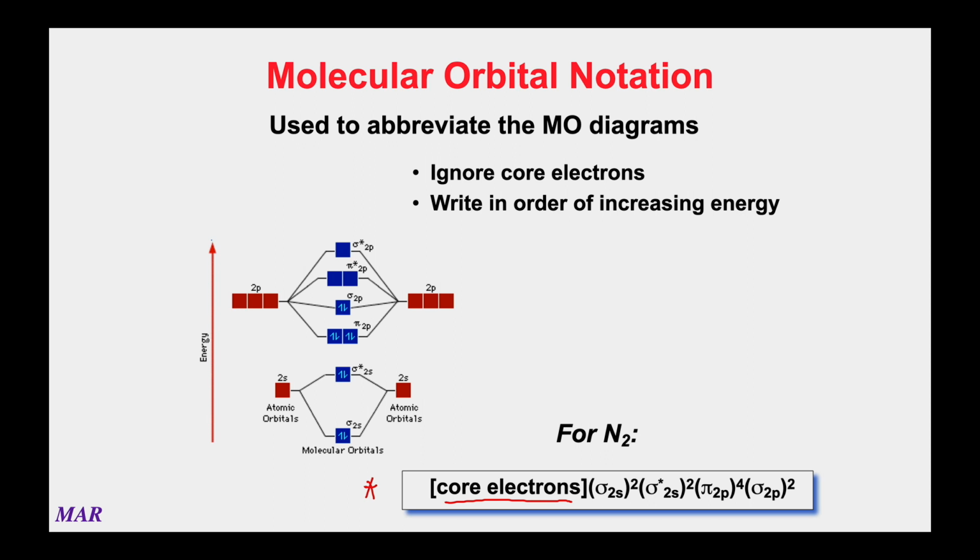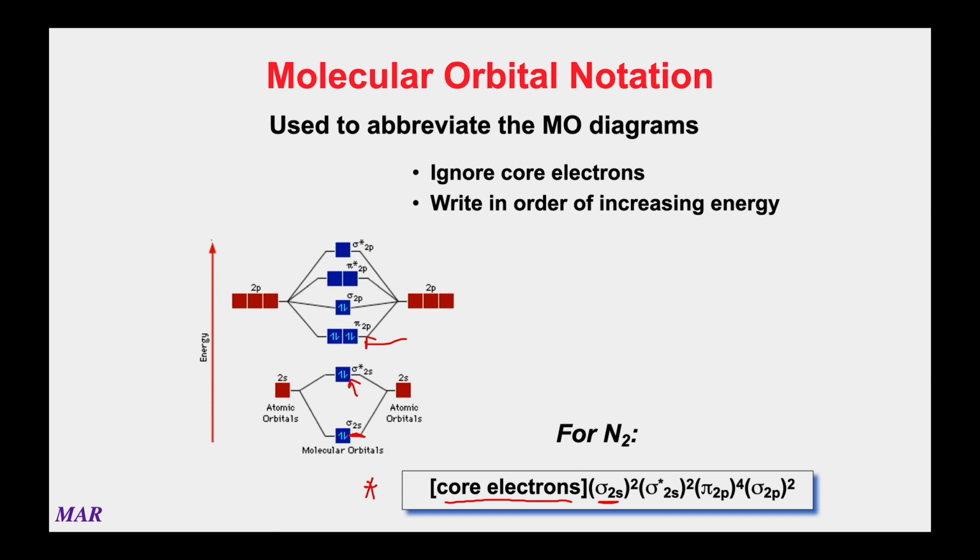So for this shorthand notation, you would write core, and then notice the notation. Sigma 2s is in parentheses with a superscript 2. So this is the molecular orbital, the sigma 2s, and then the superscript represents the number of electrons. So sigma 2s2, sigma star 2s2 would be the next one, pi 2p4.